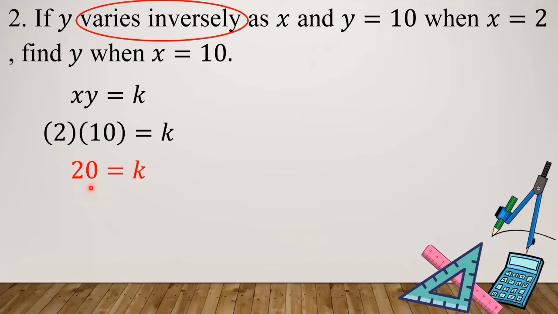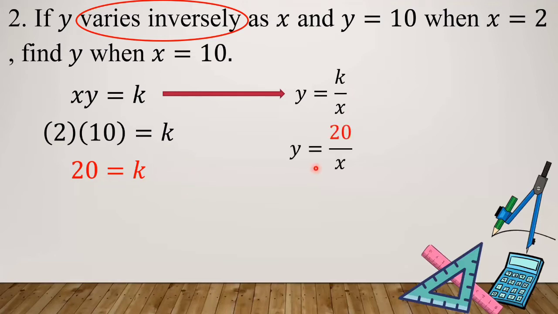Since the equation is y is equal to k over x, we just substitute the value of k, which is 20. So it becomes y is equal to 20 over x. Then substitute the value of x, which is 10.